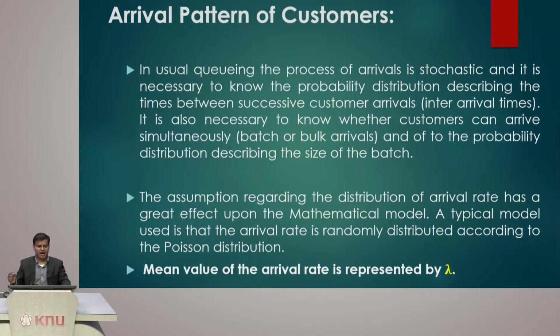So this is the arrival rate of the customers. It is also necessary to know whether the customers can arrive simultaneously, like bulk arrival. So anyway, we have to assume a certain probability distribution that could describe the arrival pattern of the customers. The assumption regarding the distribution of arrival rate has a great effect on the actual mathematical model of the system.